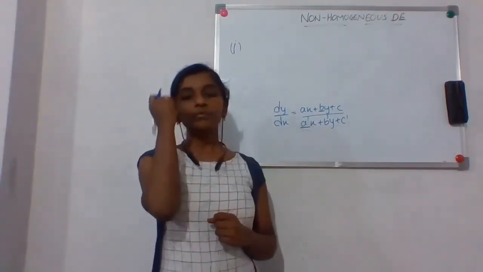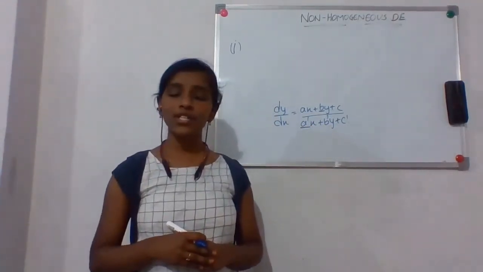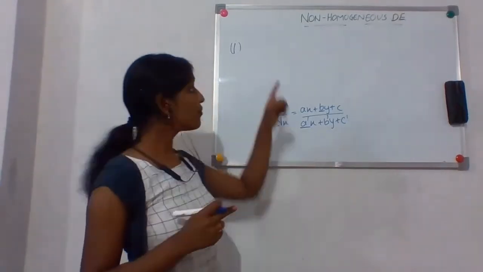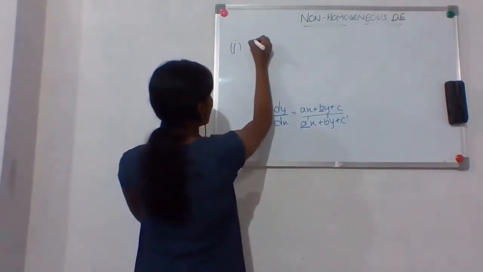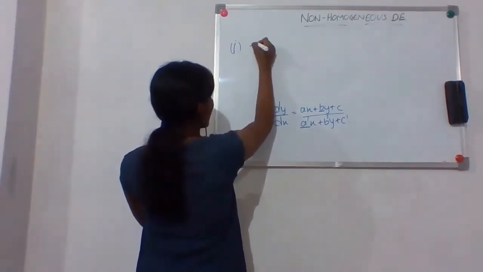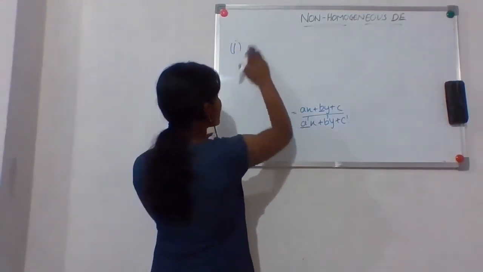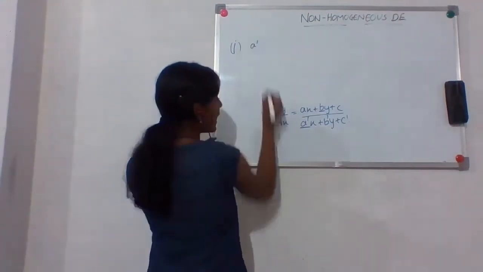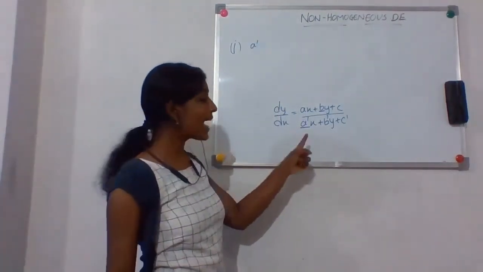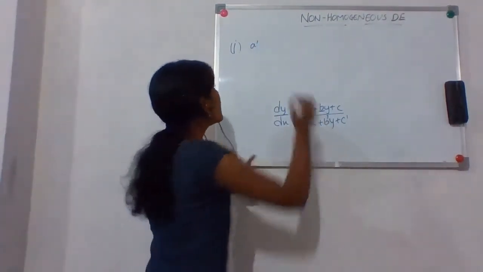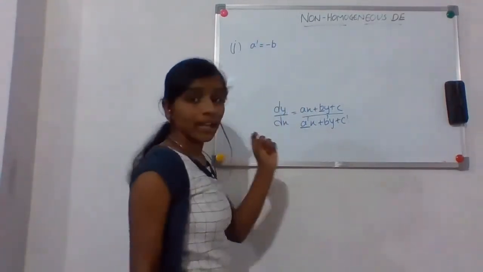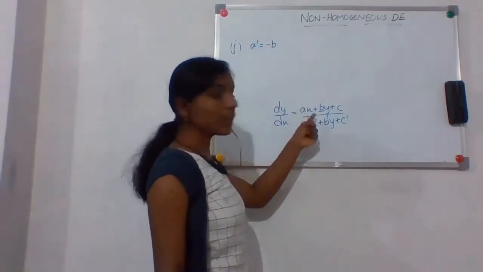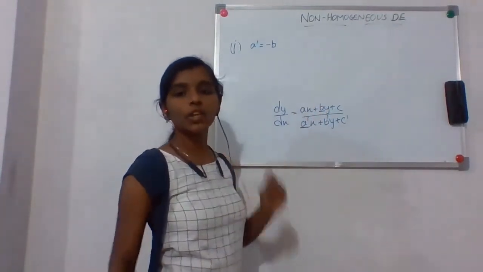So a non-homogeneous differential equation which comes into the first case is one where a dash, the coefficient of x in the denominator, is equal to the negative of b, that is, the negative of the coefficient of y in the numerator.